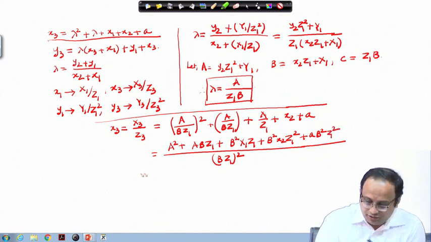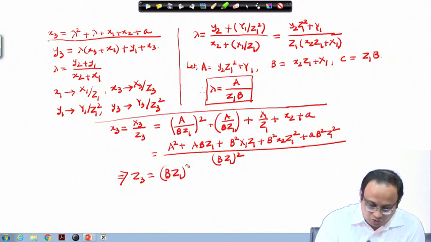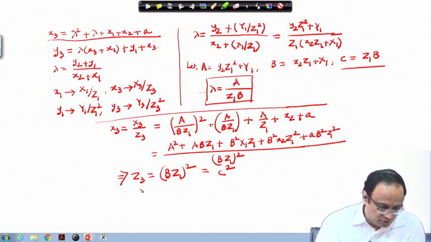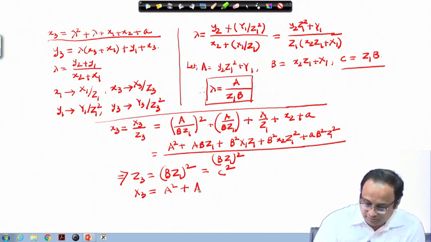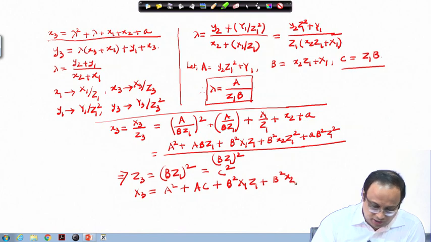Since x3 is equal to X3 by Z3, Z3 is equal to B Z1 whole square, and that is also C square, because C is Z1B. And capital X3 is equal to A square plus AB Z1, which we can write as AC, because C is Z1B. So, A square plus AC plus B square X1 Z1 plus B square small x2 Z1 square plus A B square Z1 square.